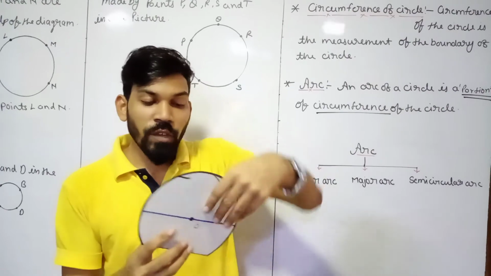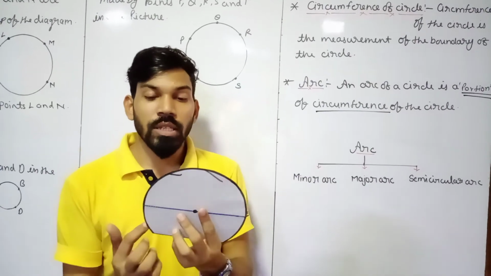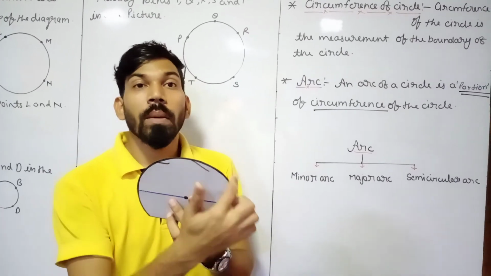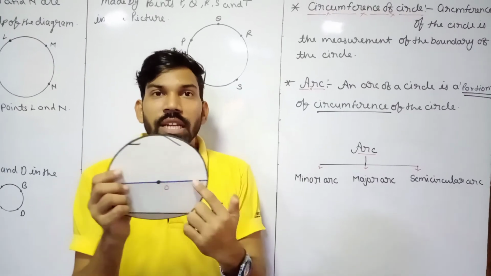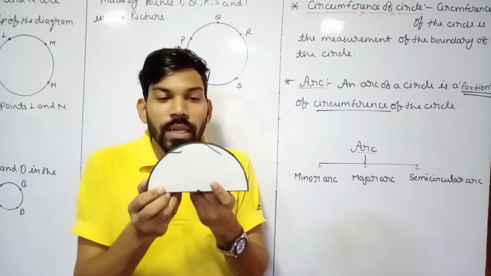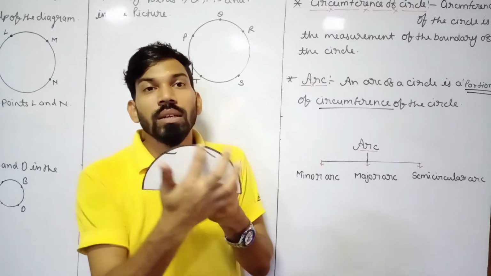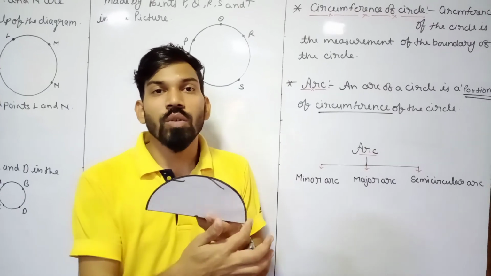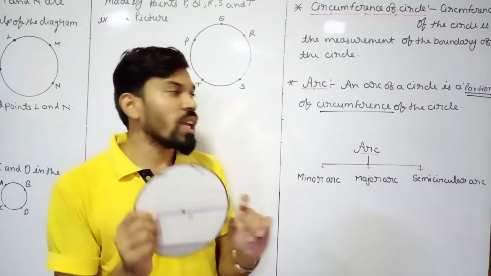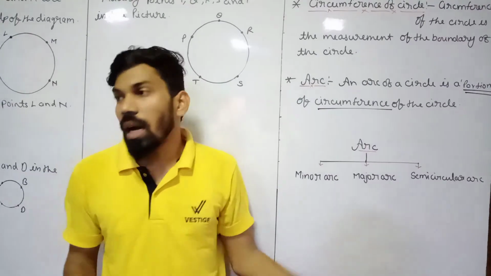In the same way, the bigger one is called a major arc. And if from the center we divide the circle into two parts, we get a semicircular arc. This way we have the three main types of arc.